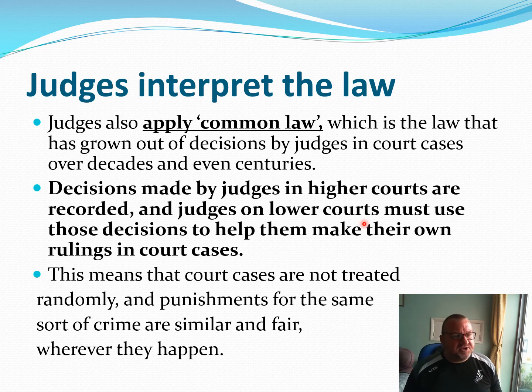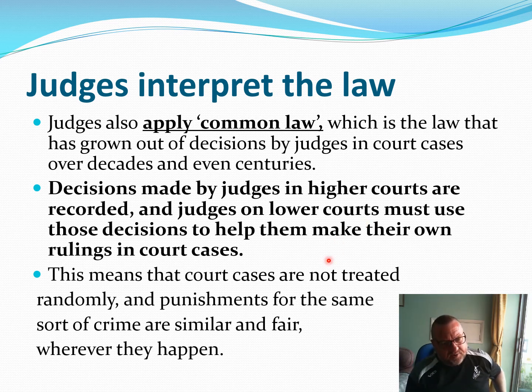Judges interpret the law by applying common law. And common law is the term that's used to describe the sort of way of doing things that's grown out of decisions by a judge in court cases over decades and centuries. Okay?